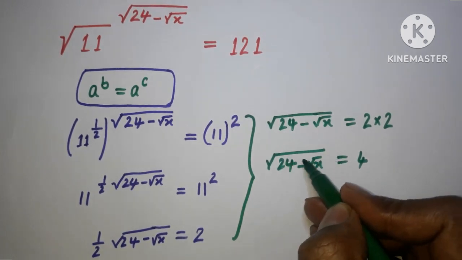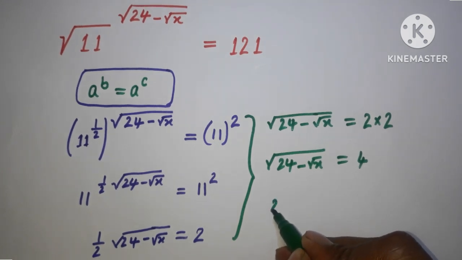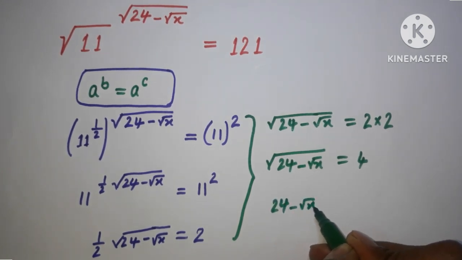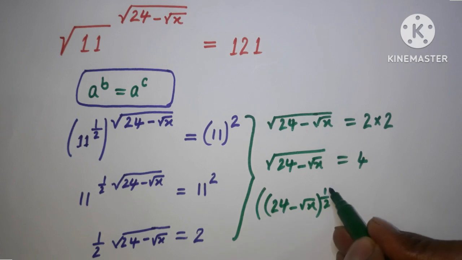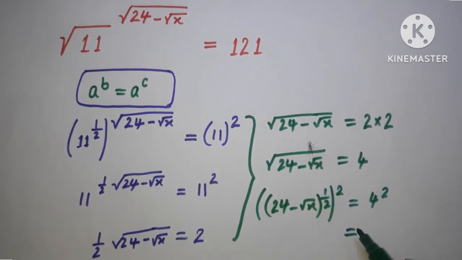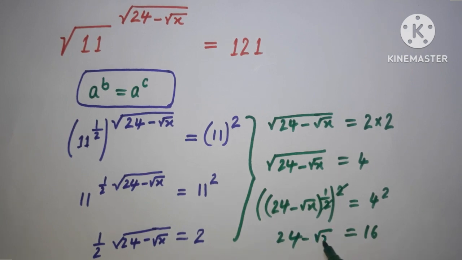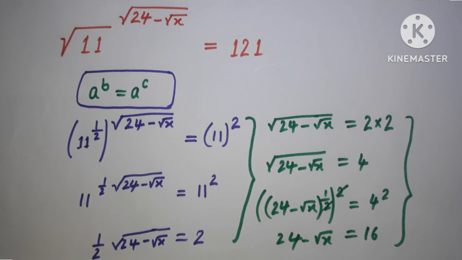I need to remove this root, so I'm putting a square on both sides. The right side becomes 24 minus root under x, and here 4 square gives 16, and the 2 and 2 cancel, so we have 24 minus root under x.